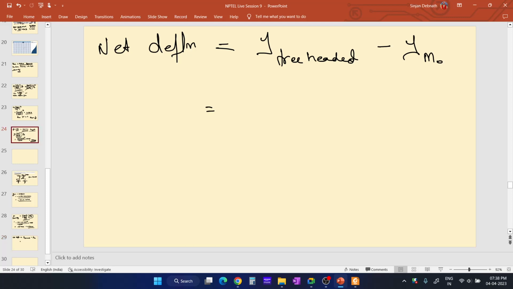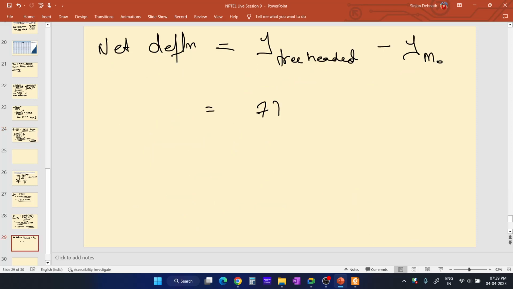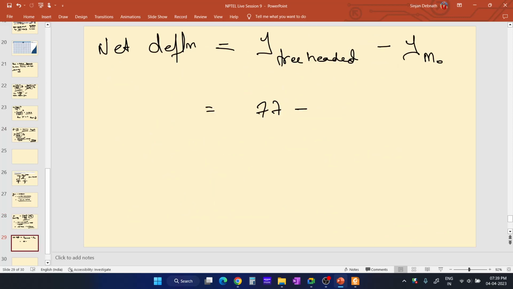We have already found it over here: 77 millimeter. So 77 minus the deflection due to M0, which is 33 millimeter. So the net deflection is around 44 millimeter. So this is the answer. The net deflection is around 44 millimeter.